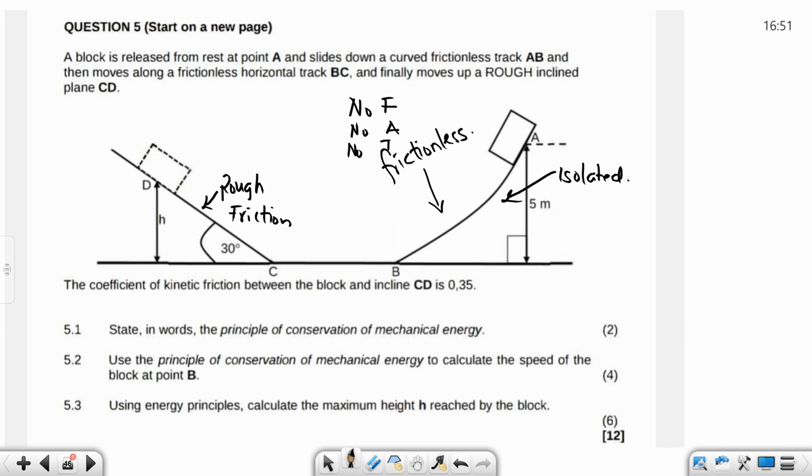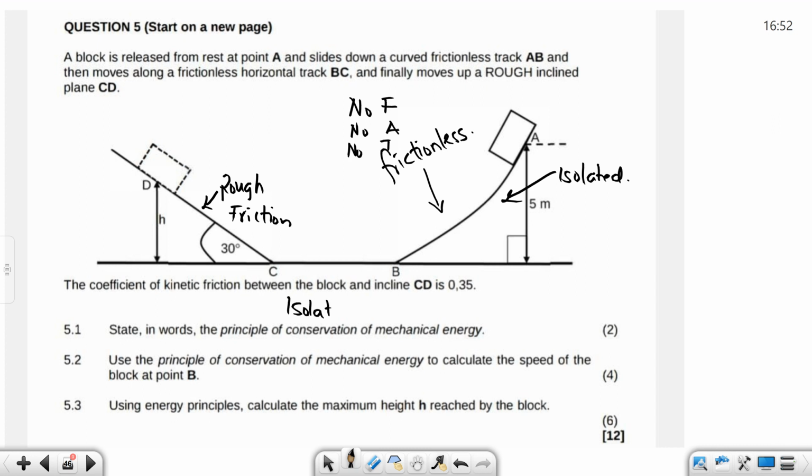Okay. Stating the principle of conservation of mechanical energy. I'm sure 2 weeks ago we had this conversation. That we said in an isolated system, that's what's key. What is conserved now? Mechanical energy is conserved. Please remember that every law of physics that has conservation has to do with what?